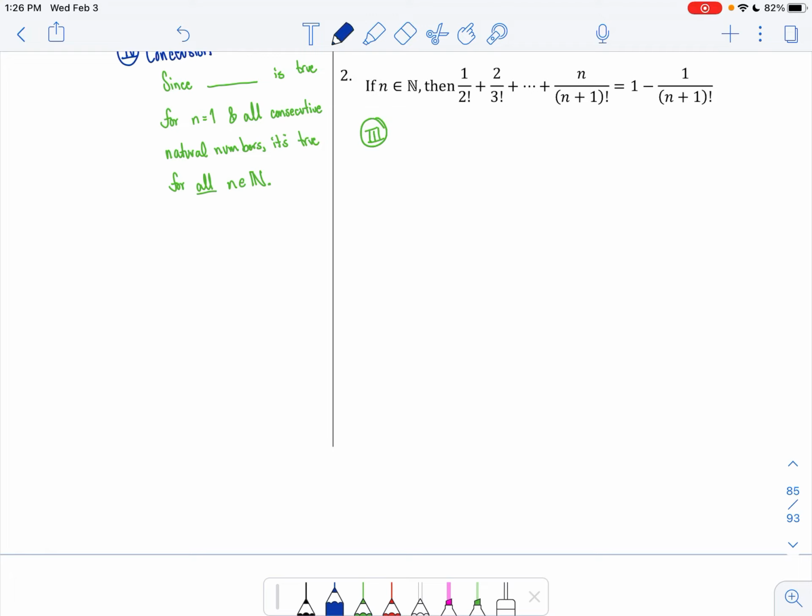So we know 1 over 2 factorial plus all the way out to k over k plus 1 factorial equals 1 minus 1 over k plus 1 factorial. We know that this is true for some k. Now, just like last time, I'm going to add the next term in the series, k plus 1 over k plus 2 factorial, to both sides.